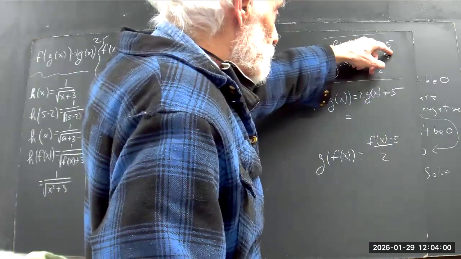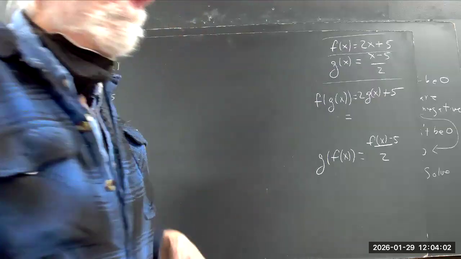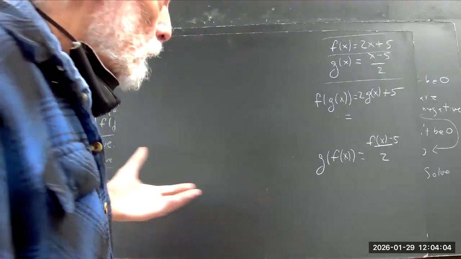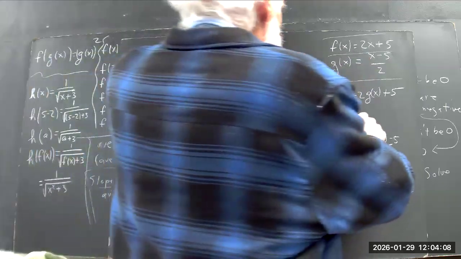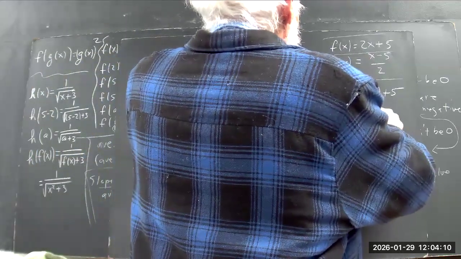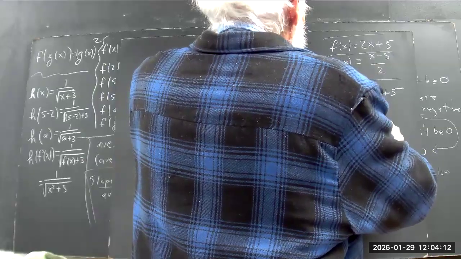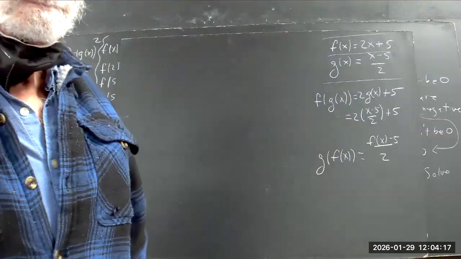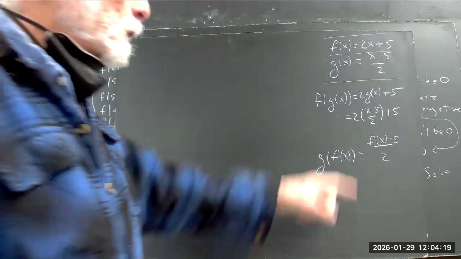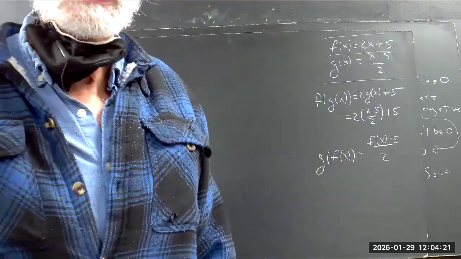G of x equals x minus 5 over 2, right? So if you replace g of x by x minus 5 over 2, we get 2 times the quantity x minus 5 over 2 plus 5. Right? That's easy. Once you write down this step, the next step is real easy.